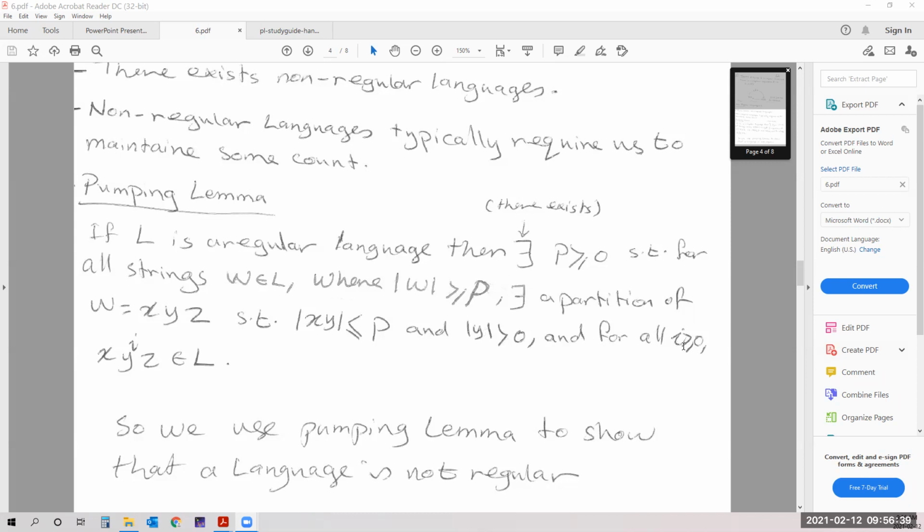And for all i greater or equal to 0, we should prove that x y to the power i z belongs to L. This is by the properties of regular languages if we apply the pumping lemma and the pigeonhole principle. So we use the pumping lemma to show that a language is not regular. This is by contradiction. We assume it's regular, then we find it's not regular, so we prove it's not regular. Is that clear, guys?